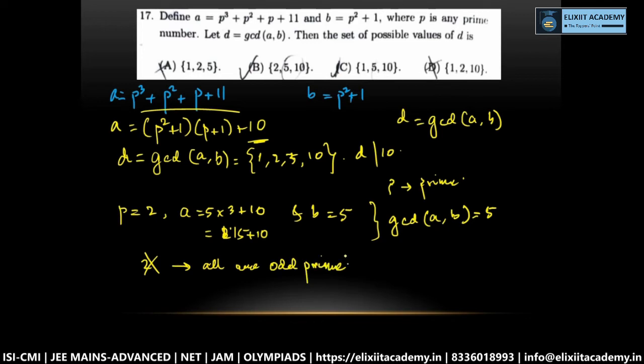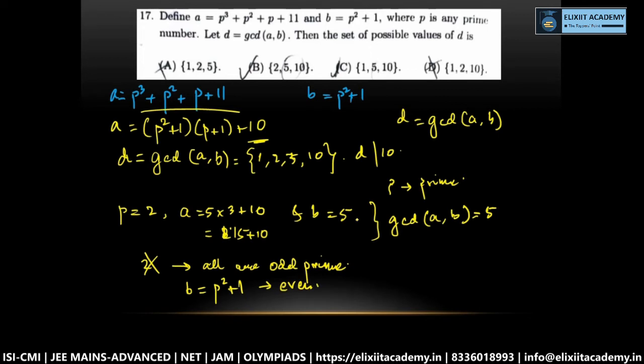Then B, which is P square plus 1, is always even.